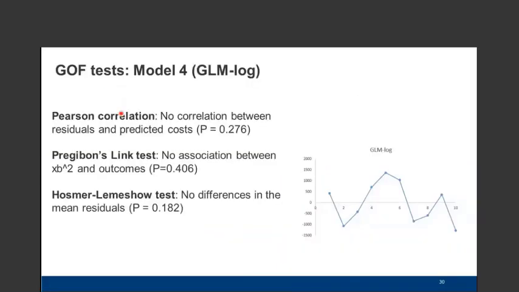And here we have the goodness of fit test. As you can see here, we don't have any significant correlation between the residuals and the predicted cost, which is a good thing. We also don't see any type of misspecification of the model, because there's no association between the square of the linear predictor and the outcomes. And then in the Hosmer-Lemeshow test, there are no differences in the residuals relative to the deciles of the predicted values.